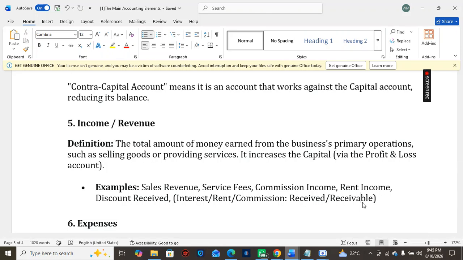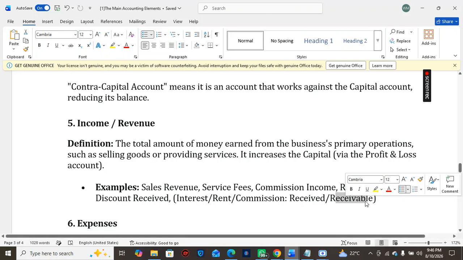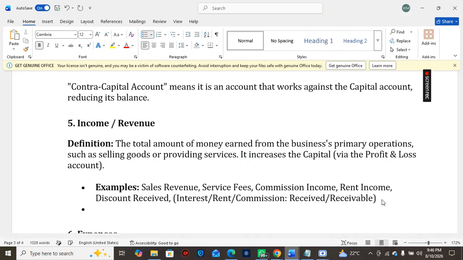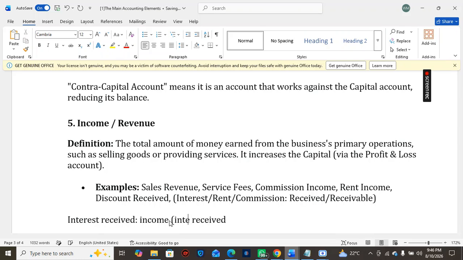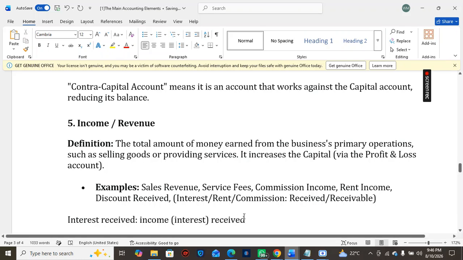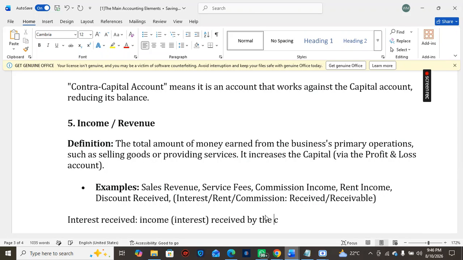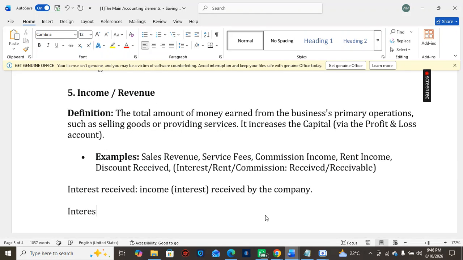But when it has the title attached, let me illustrate what I mean. When you say interest received, income received, it means the interest received by the company. They've been paid. Now, if you hear interest receivable, this is accrued income.